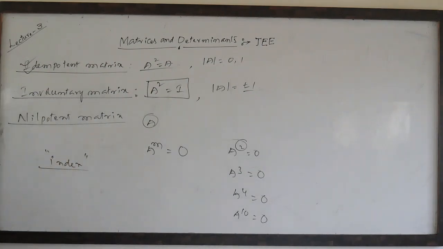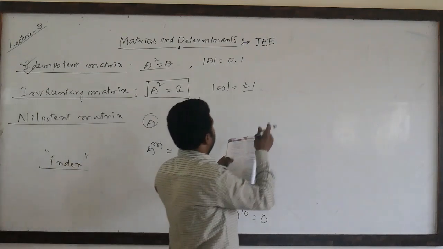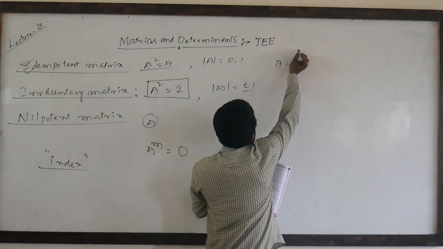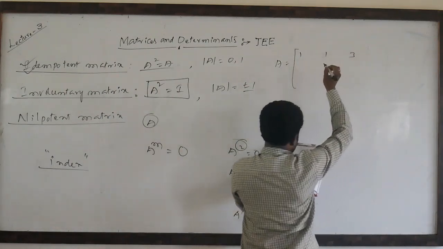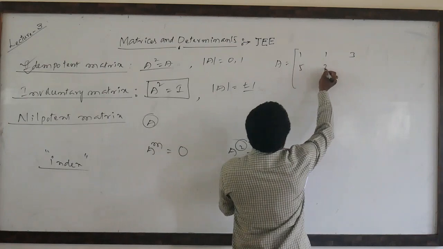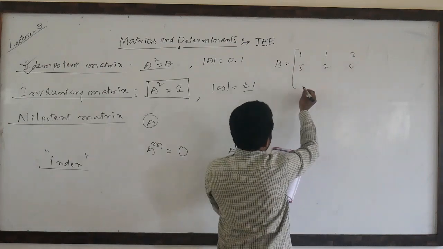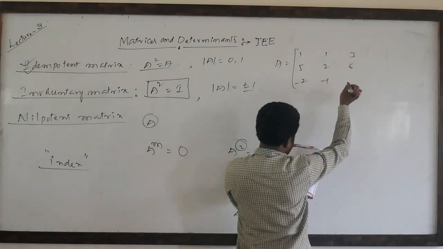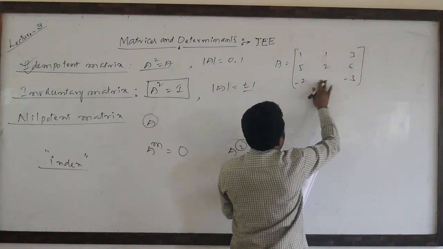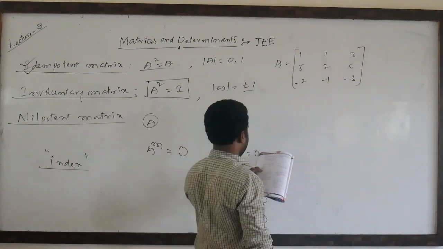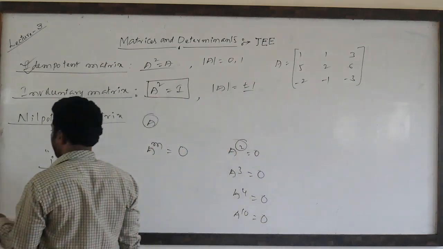A equal to 1 1 3, 5 2 6, minus 2 minus 1 minus 3. Whether it is nilpotent or not, we will see.